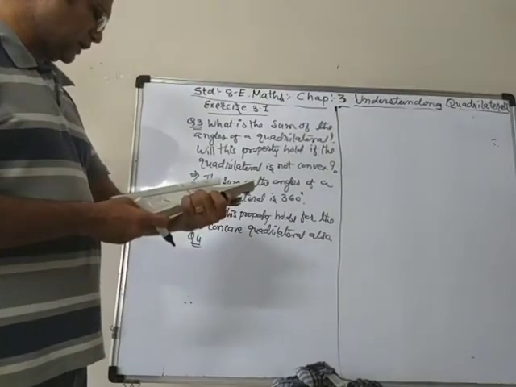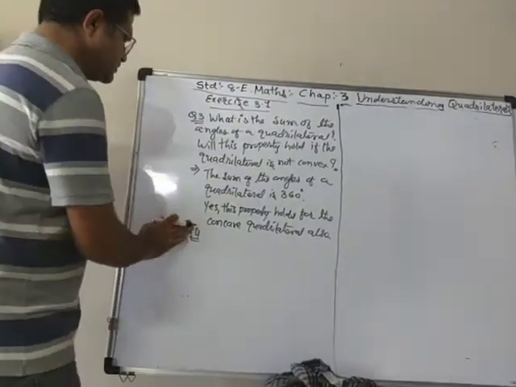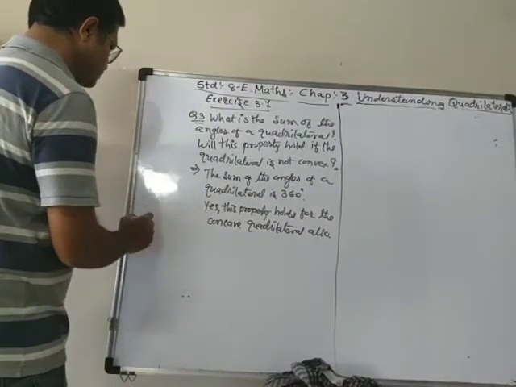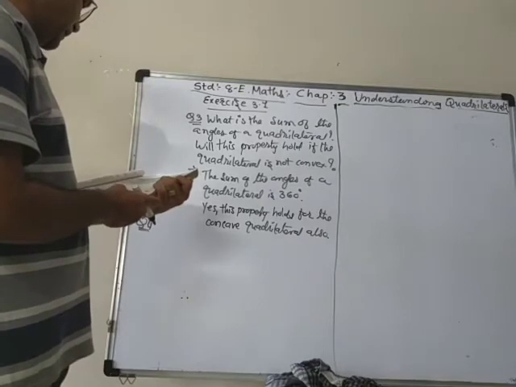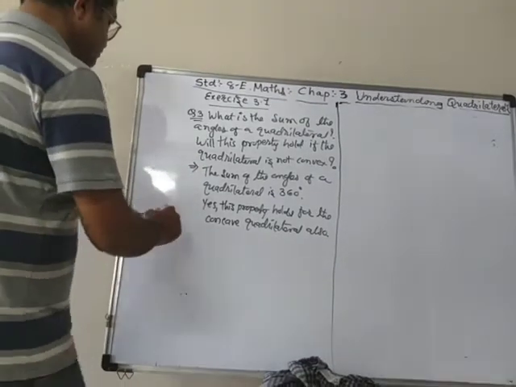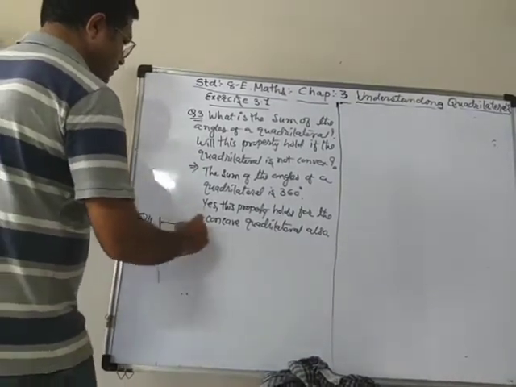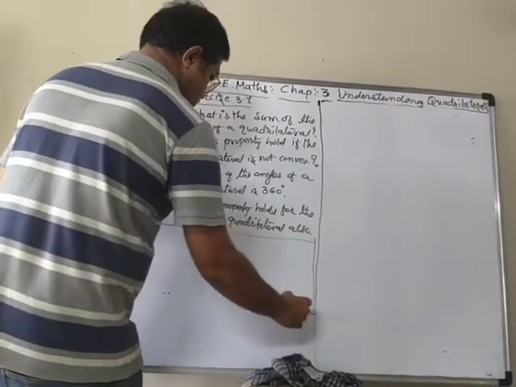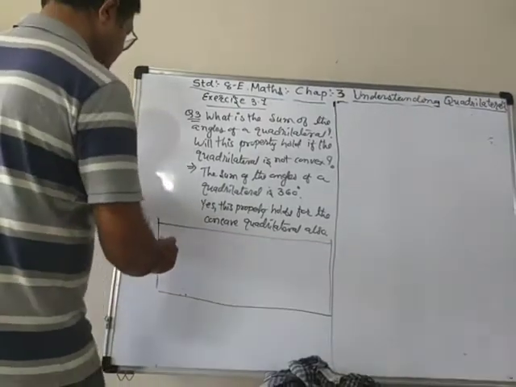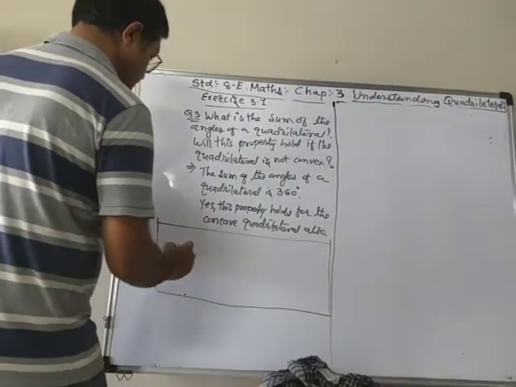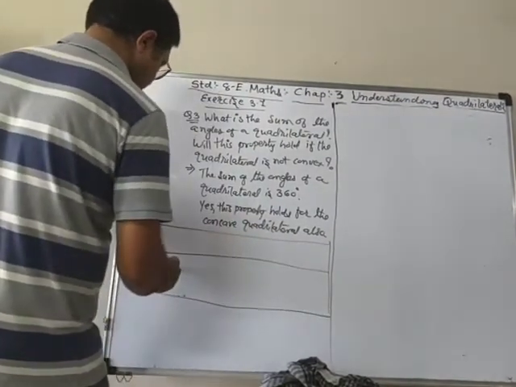Now in question 4, they give a table in which some figures are there, and the number of sides and angle sum is given, and then from the figure we have to give the answers of the other questions. Here is the figure.